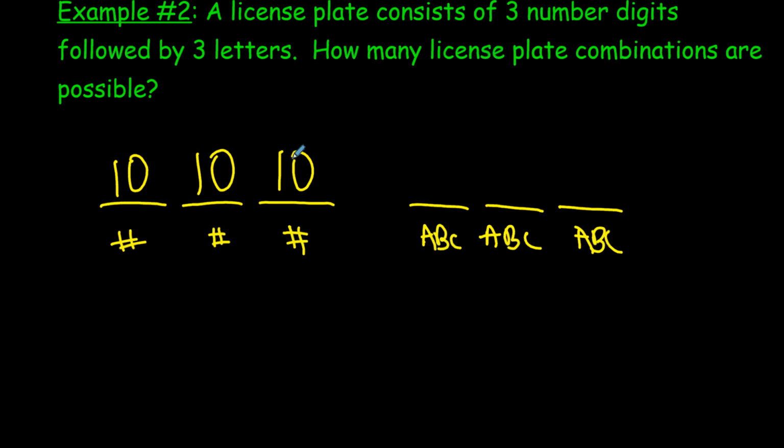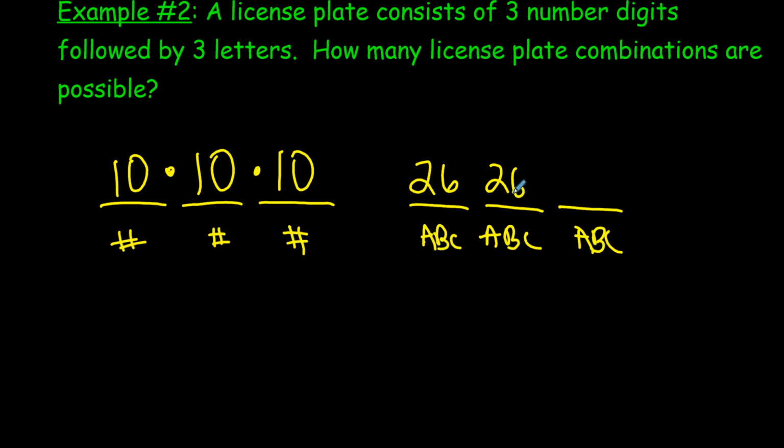So for the first part of the license plate, it would be 10 times 10 times 10. And then for the second part of the license plate, how many letters are there? Well, there are 26 letters in the alphabet. For that first letter, you have 26 choices. For the second letter, you still have 26 choices because you can repeat letters.